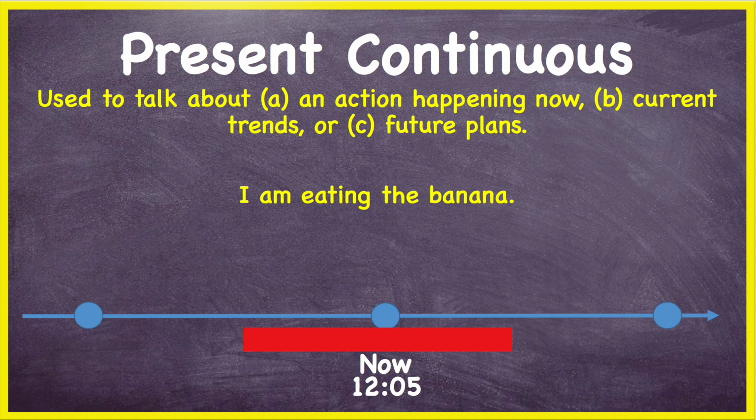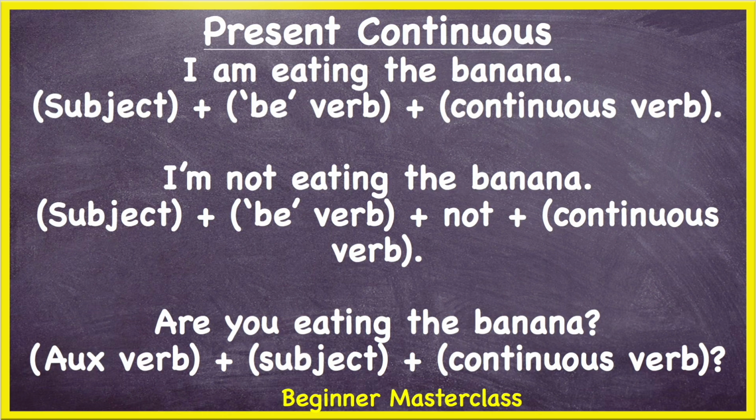You could say, I'm going to the supermarket later. That is the present continuous tense talking about a future plan. Or you could say, I'm eating dinner tonight at 7 o'clock. That is the present continuous to talk about the future. All right, so let's look at the structures. I am eating the banana.